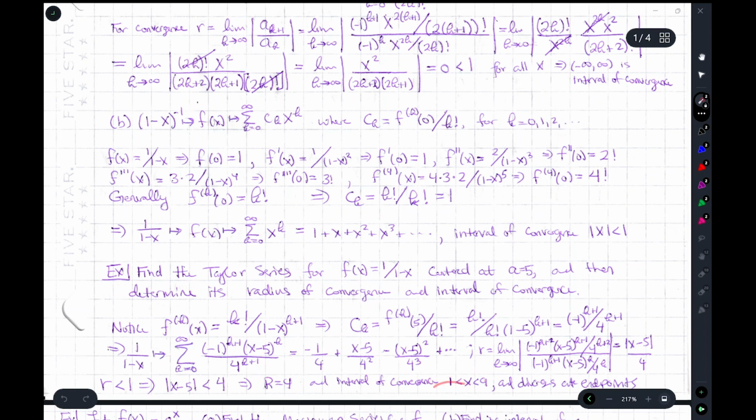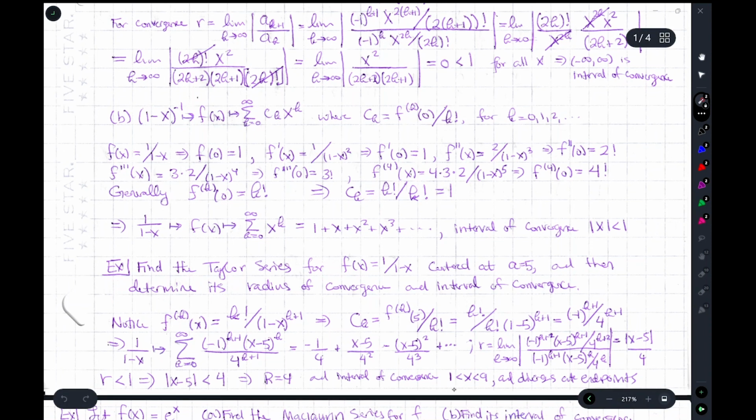Then we will have 5 plus 4 and 5 minus 4. So we'll get an interval of convergence of x between 1 and 9. And we get divergence at endpoints, so we don't include the endpoints there. And that's pretty intuitive to see, that at the endpoints you will get a divergence.